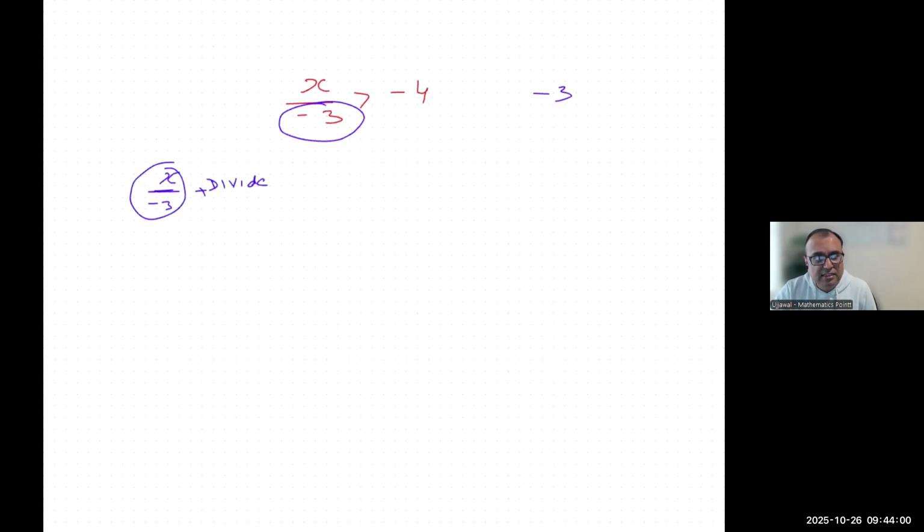I can write it like this as well: x divided by -3. It's one and the same thing. That's the shortcut of algebra. Don't say this is multiplying. If you're saying this is multiplying, I'm sorry, you need to really work hard, and you're not attending my lessons the way you need to. So, dividing, yes. It is a divide.